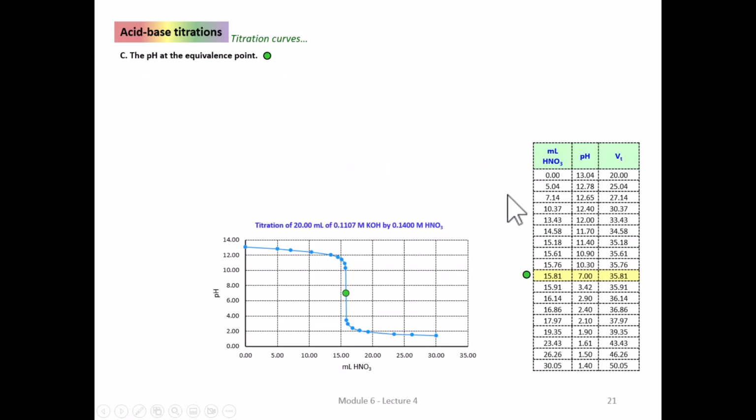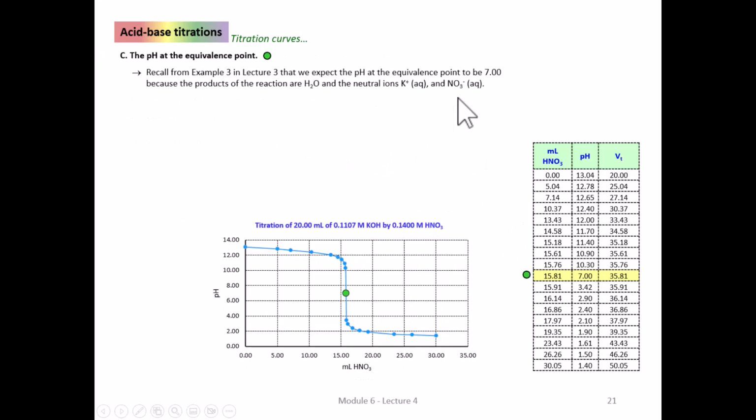At the equivalence point, you'll remember from example 3 and lecture 3, the pH should be 7 because the products of the reaction at the equivalence point are the neutral ions, potassium ion, and nitrate.